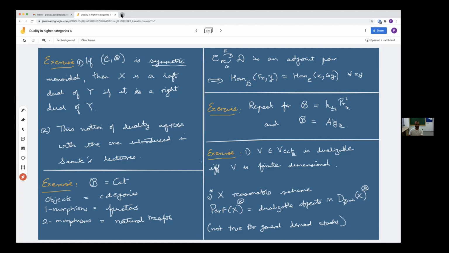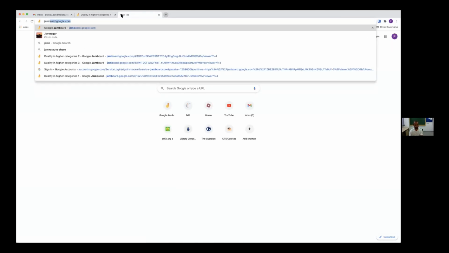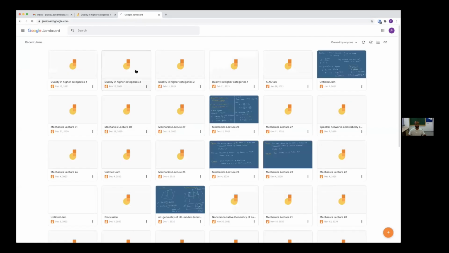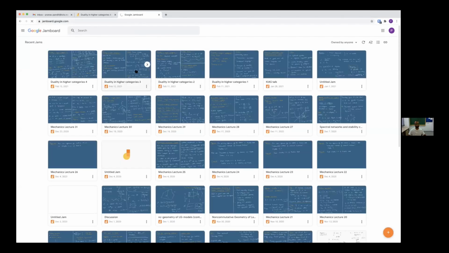Maybe I should actually share a screen. I added some notes to the last lecture. Just give me a second. Hope opening it in two screens doesn't cause any issues.